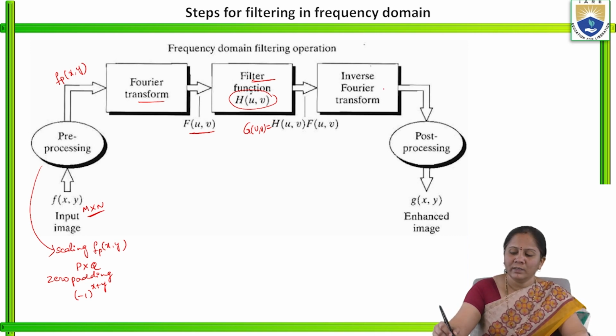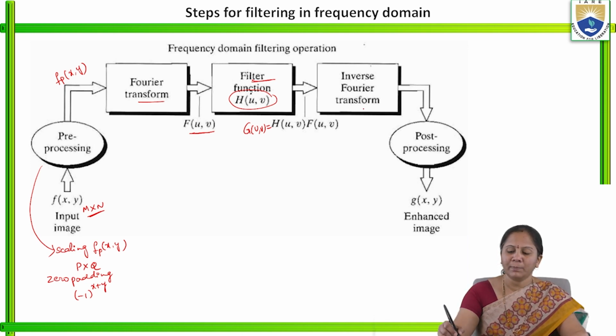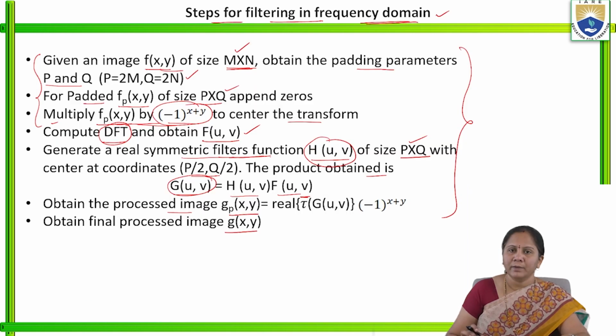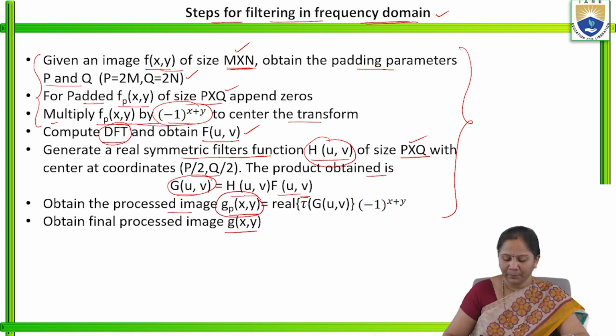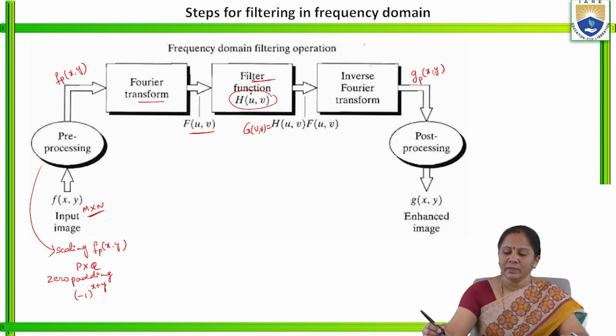After that, g of u comma v is the output of this filter. If this g of u comma v is applied to the inverse Fourier transform, we are going to get the output gp of x comma y. If gp of x comma y is given as input, compulsorily a post-processing operation should be applied.